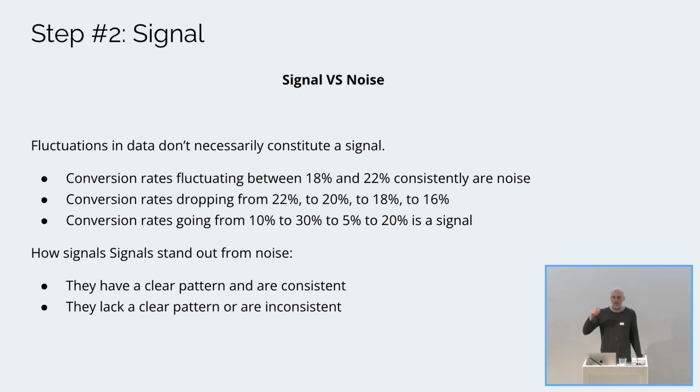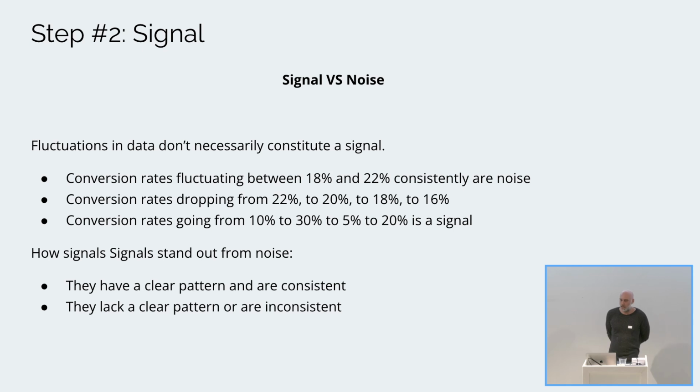But if they go from 22 to 20 to 18 to 16, then you have a steady decline. So then something is definitely going on. But also if it's going from 10 to 30 to 5 to 20, then there's also definitely something going on, but something else is wrong, right? Because you have to have some kind of consistency, and then you should be sure that you have the right process, that you put people following those processes, etc.